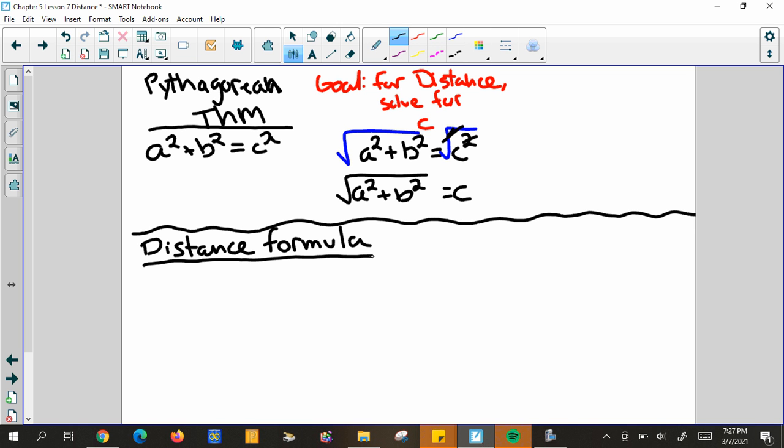To make this work, we'll make A horizontal change, or horizontal distance, and B the vertical distance.